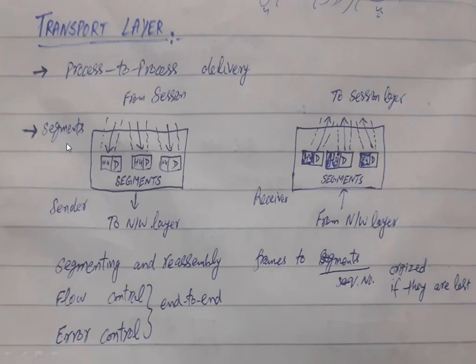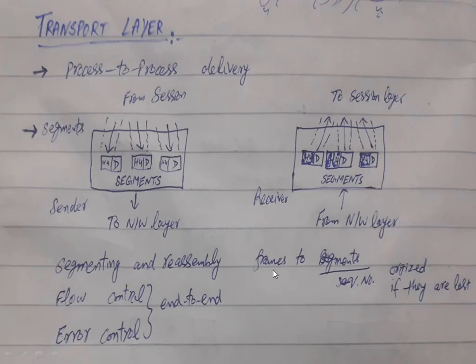The transport layer also handles segmentation. Here in this diagram you can see headers, header 4 and data, header 4 and data. These data are in the form of segments, and here the shaded area represents that headers are removed. And the next function of the transport layer is segmenting and reassembly.